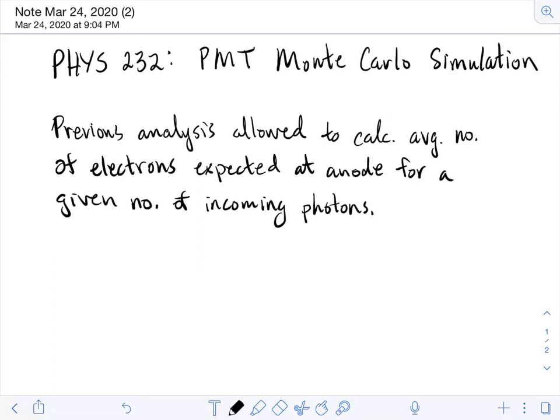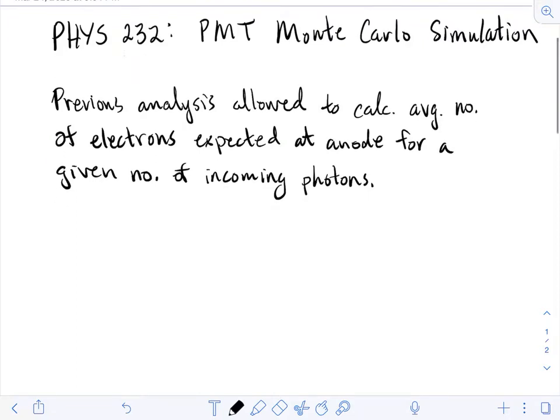So what we're going to try to do is construct a simple computer simulation to see if we can uncover some of the features of the distribution of final electron numbers at the anode. I'm by no means a Monte Carlo expert, and I don't want to pretend this was a simulation I invented on my own.